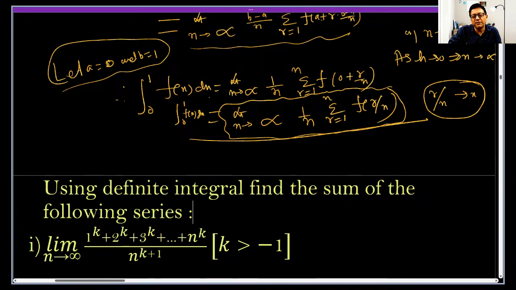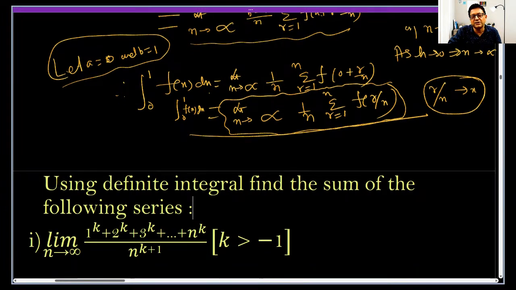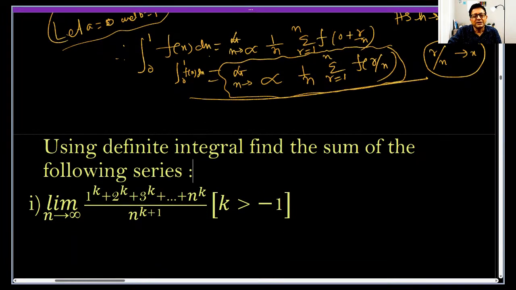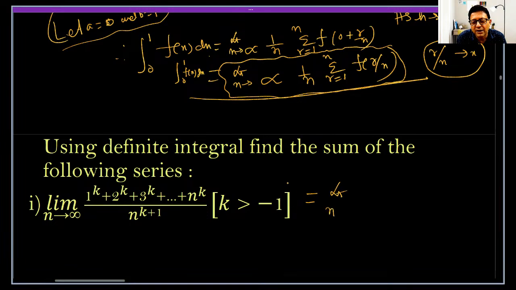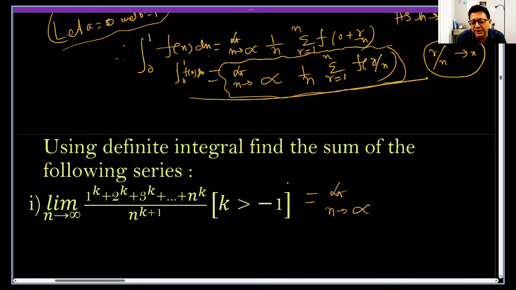Using definite integral, find the sum of the following series. Can we express it in this form? Let us try. This sum I am writing: limit n tending to infinity, keeping 1 by n outside, because I need a 1 by n over there.